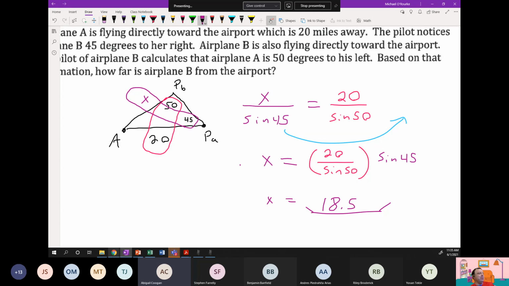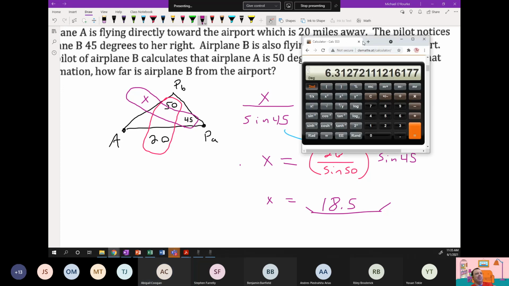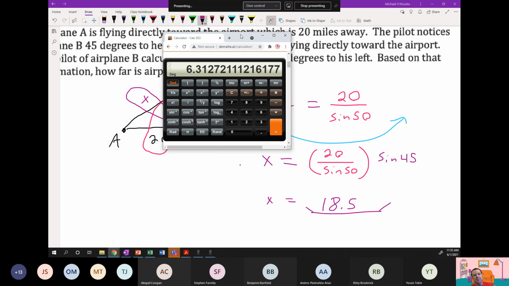Okay, so how you would plug it in. Where's my Apple calculator? You would go 20 divided by 50, then press sine, and that should probably pop up. Then press equal.